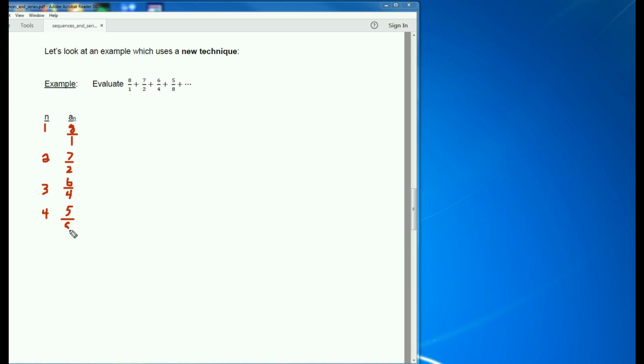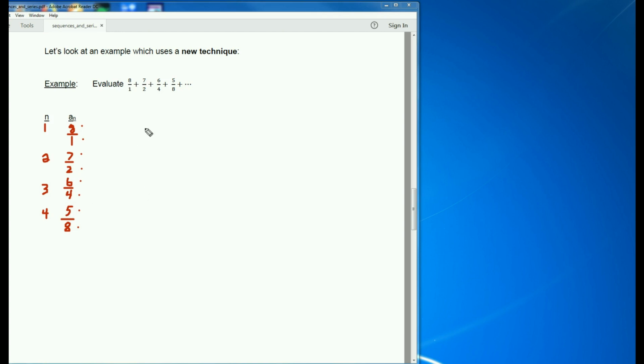If we look at it to figure out what kind of series it is, you can see the numerators, 8, minus 1 is 7, minus 1 is 6, minus 1 is 5. So the numerators look arithmetic. The denominators, 1, 2, 4, 8, are obviously powers of 2, so the denominators are geometric. But put them together and they're neither. So it's neither an arithmetic nor a geometric sequence. In other words, we need to use some different technique.